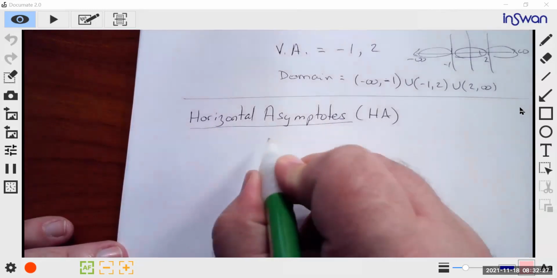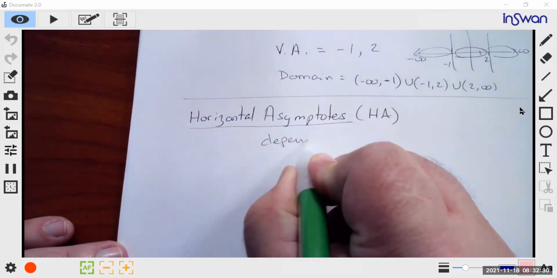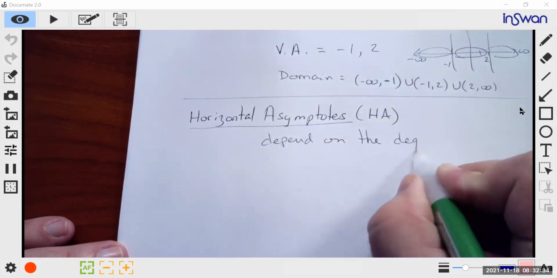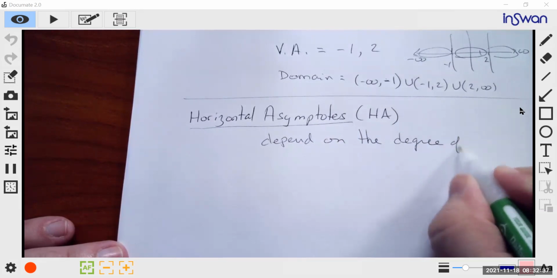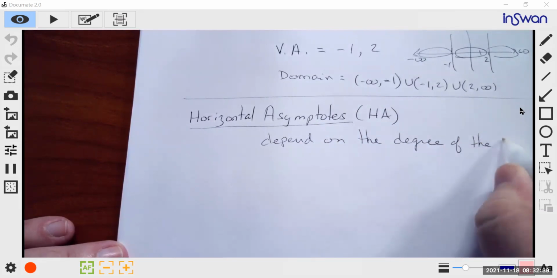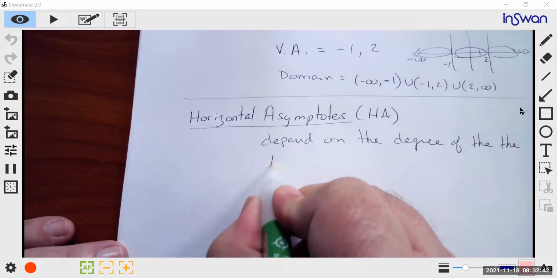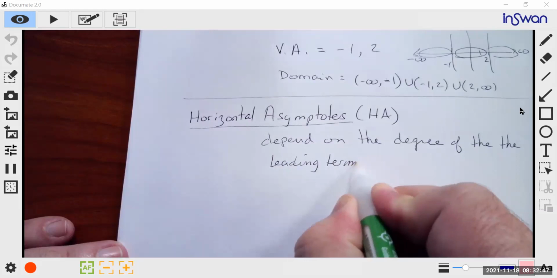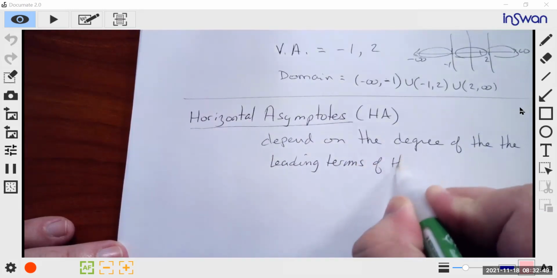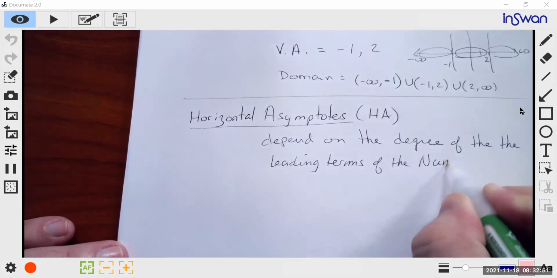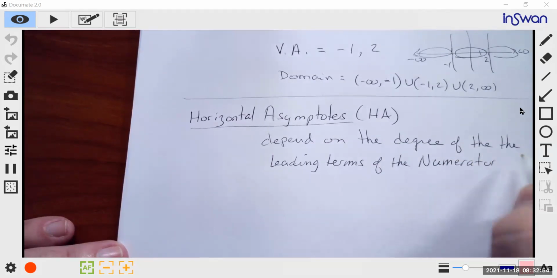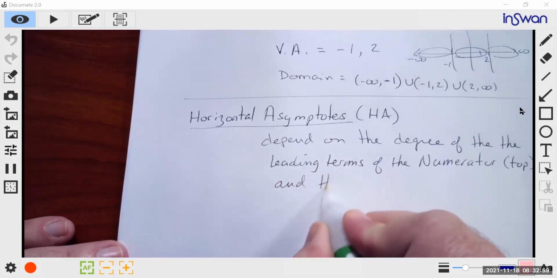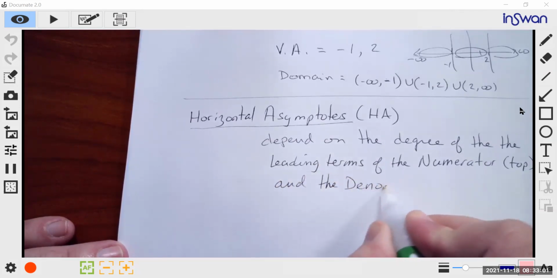Horizontal asymptotes depend on the degree of the leading terms of the numerator, that's the top number, and the denominator.